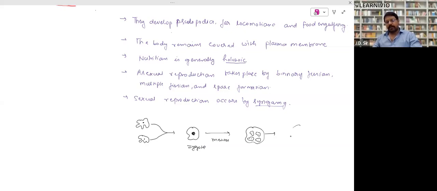Now this cover will rupture, and a number of small amoeboids will come out, right? So this is sexual reproduction. This process of fusion of two cells is called syngamy. When two gametes or two cells fuse, this process is called syngamy. Is that clear? Yes, sir. Okay. But keep on asking me, else I will ask you. When I have a doubt, I'll ask all of you to get ready.